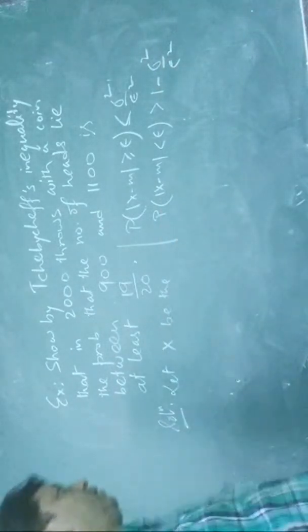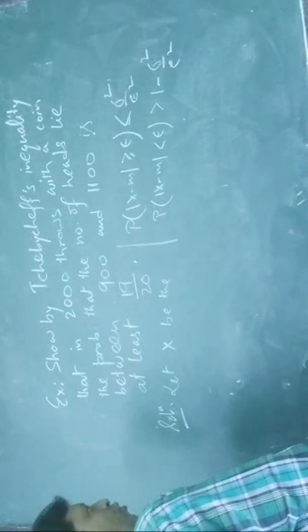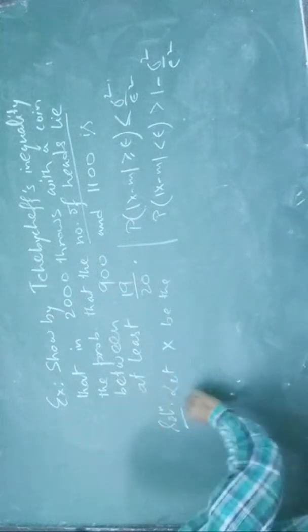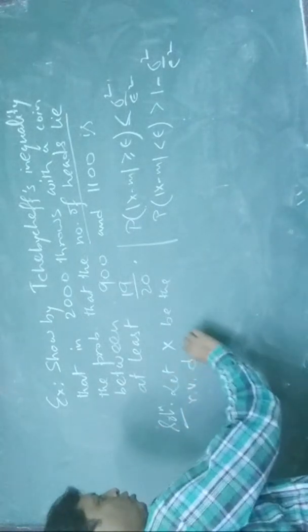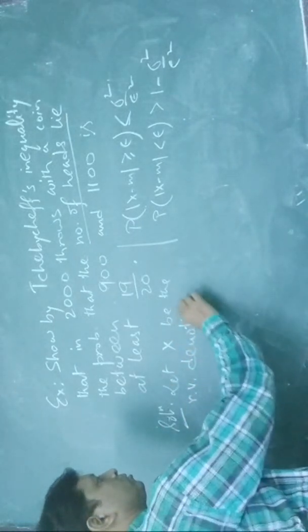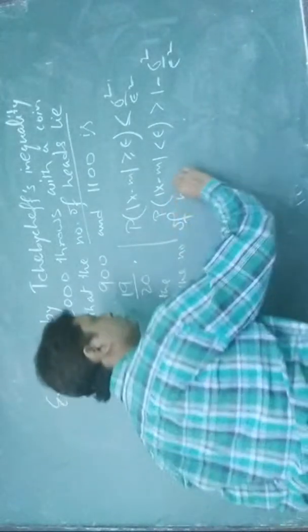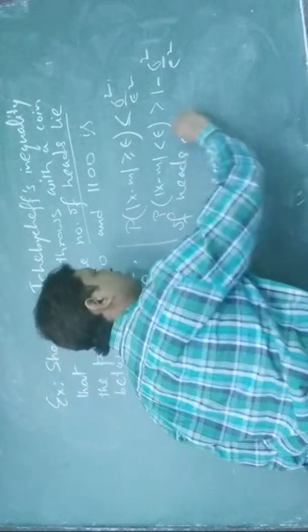This is the complementary part. So let x be the random variable denoting the number of heads appear.